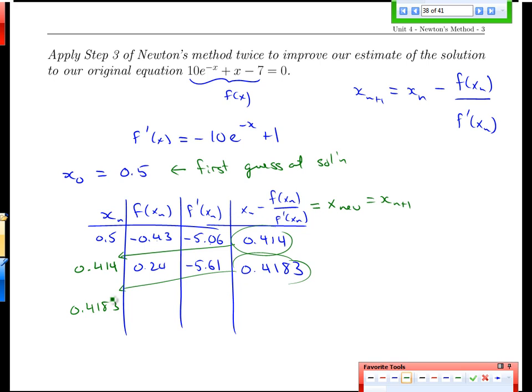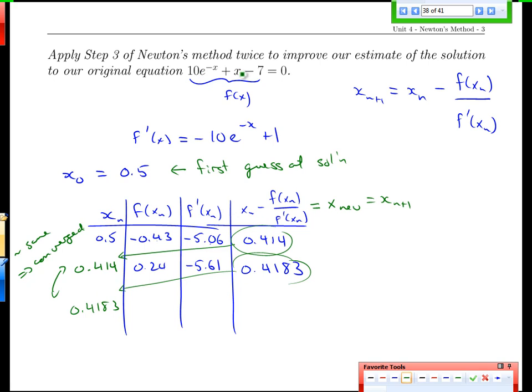And what you notice is that these two numbers are the same for the first two decimal places. That's a sign that we have converged, or we're close to converging. And so this is probably a very good estimate of the value of the function here.